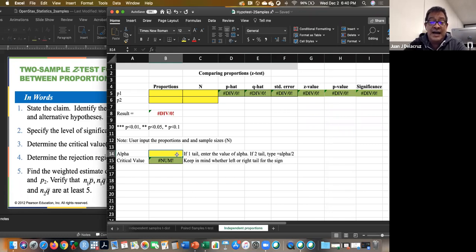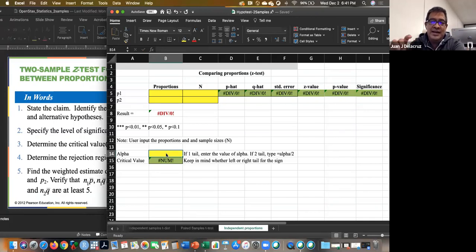If it's a two tail test, we are going to divide alpha by 2. So if I have a 10% level of significance and it's a right tail test, I'm going to put here 0.10 as a positive number. If this is 10% and it's a left tail test, I'm going to keep this number as negative. And if this is a two tail test and the significance is 10%, I'm going to use 5%, right? That's what we have been doing in many cases.